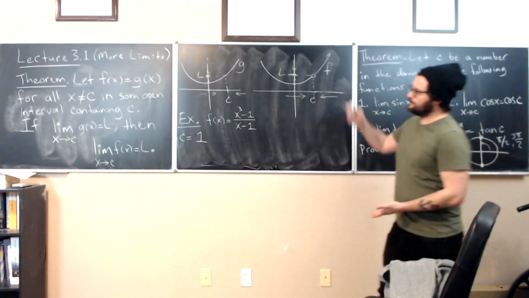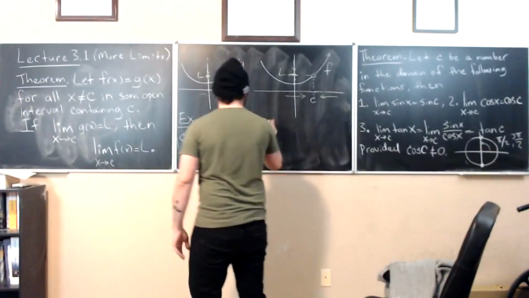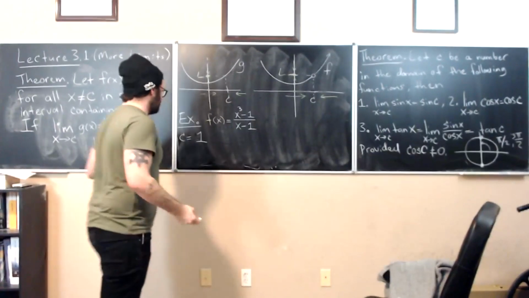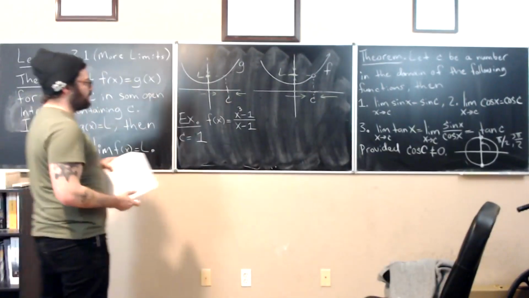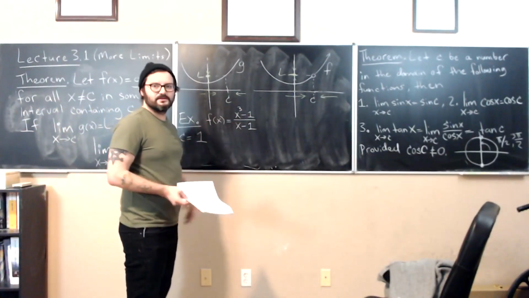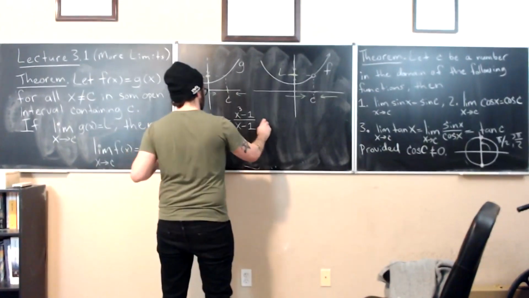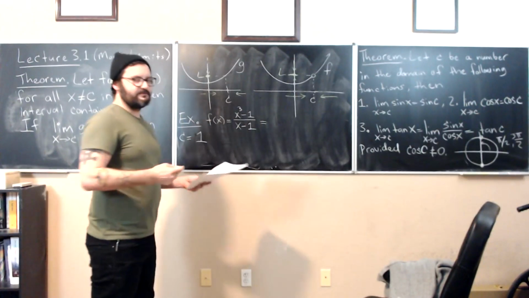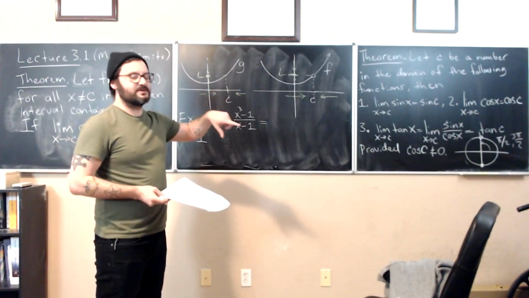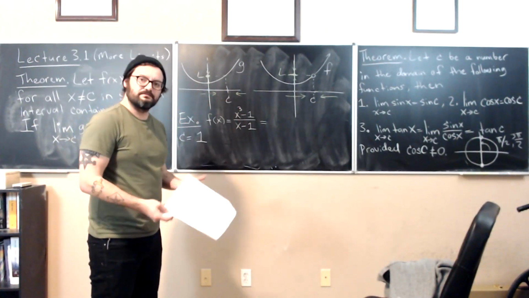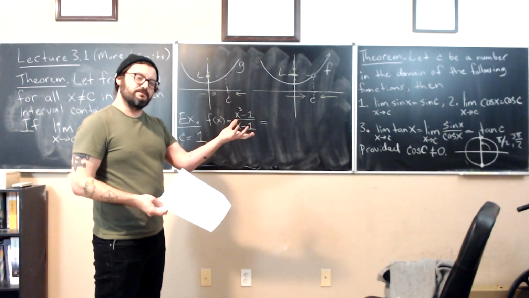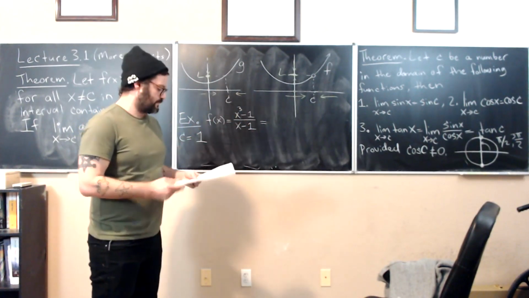But then the graph of g, well, it seems like there might be a way to factor this that you might have encountered in pre-cal or college algebra. So let's rewrite f and see if we can factor it and get rid of that removable discontinuity. The resulting function that you get will be exactly g.